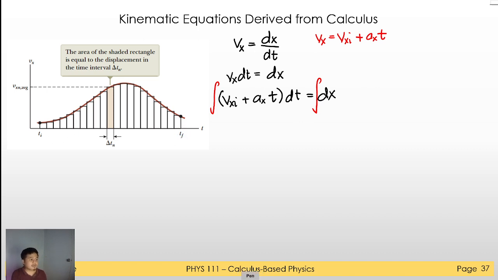The representation of the curve is this, and the integral of a function is the area under the curve. With this area, we can determine the position of the object. So there is a relationship between the velocity function and the position function through integration.